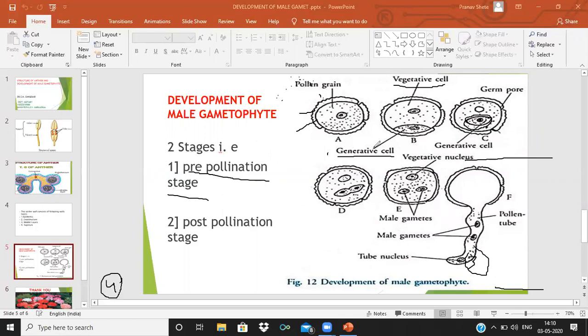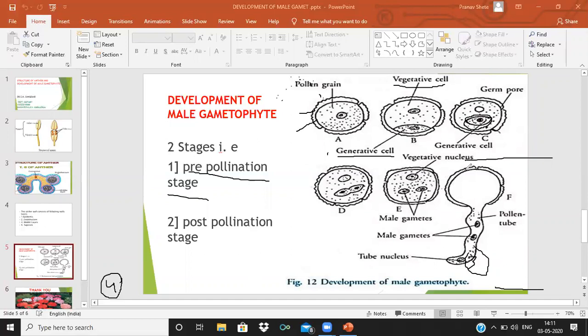In the second stage, the post-pollination stage, the generative cell divides to form two male gametes. These are two non-motile male gametes, and the vegetative nucleus is present in this region.